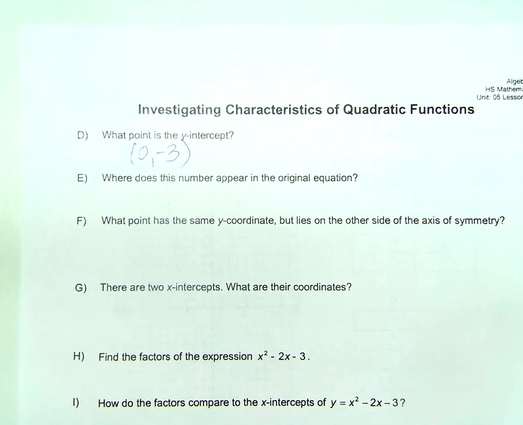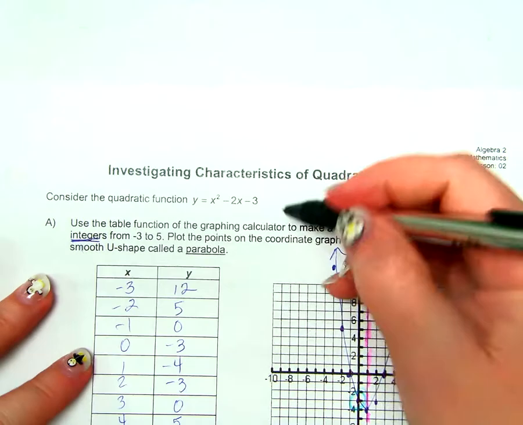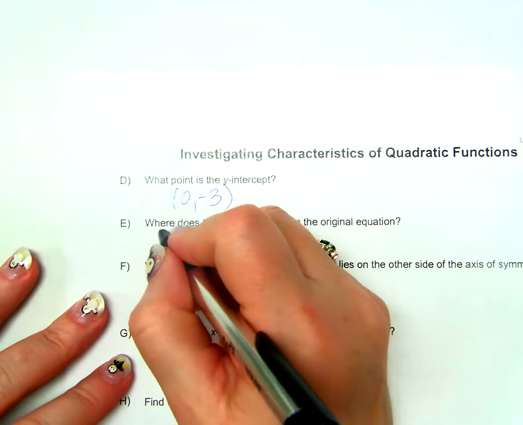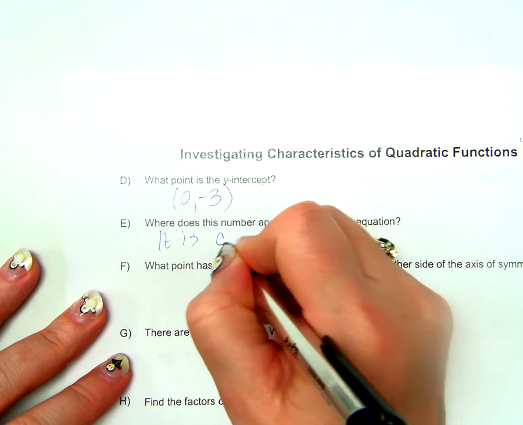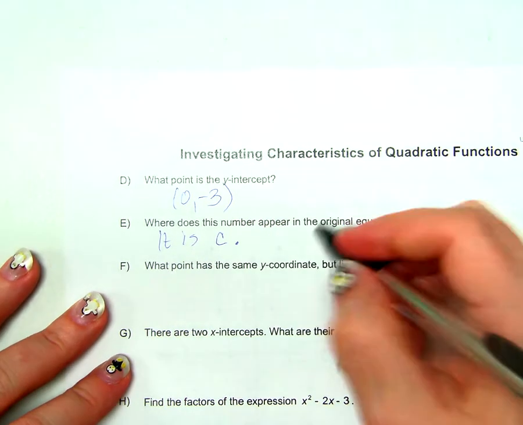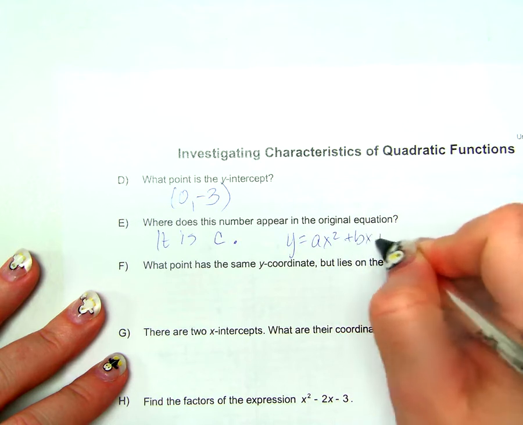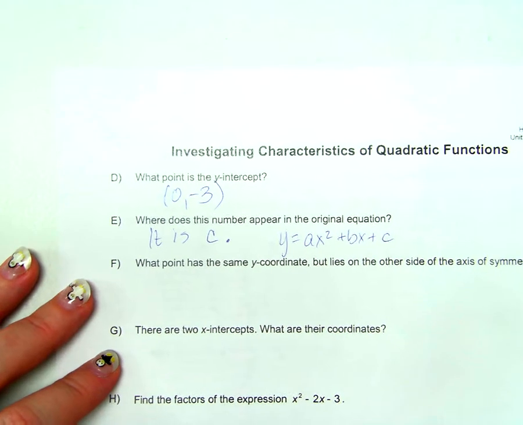Where does this number appear in the original equation? Oh, look. It's c, right? It is c. When we have y equals ax squared plus bx plus c, right?